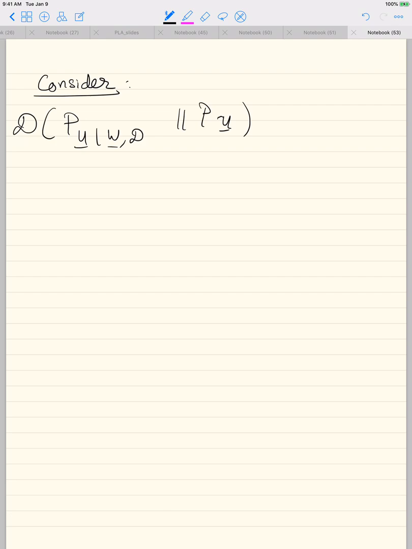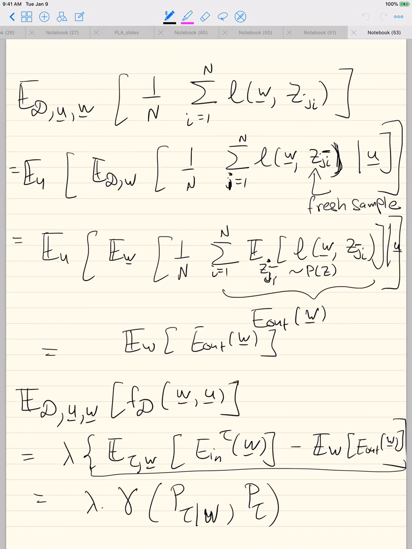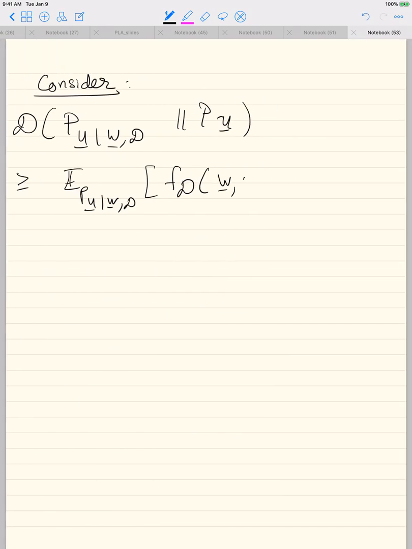And we know that this is going to be greater than the expected value over Pu given Wd of Fd of W, U, minus log expected value over Pu without the conditioning on W of e to the Fd of W and U. So this lower bound, the Donsker-Varadhan lower bound, holds for any function f, right?